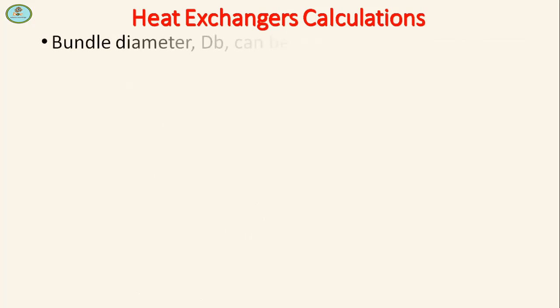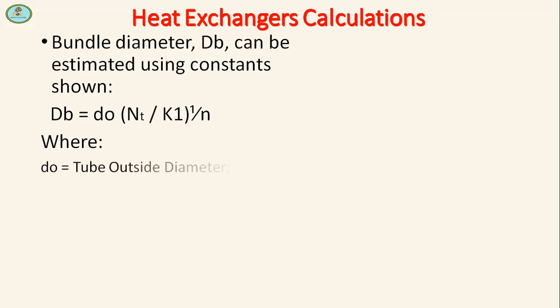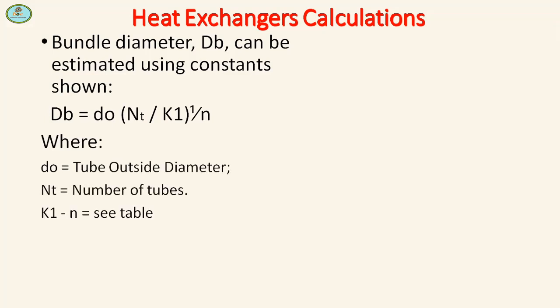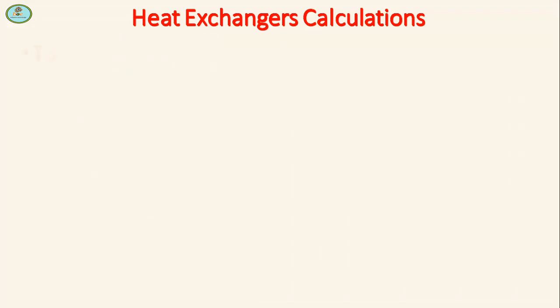Bundle diameter dB can be estimated using constants shown here. dB is equal to dO into (nt divided by k1) to the power 1 by n, where dO is tube outside diameter, nt is number of tubes. For k1 and n, see the table.